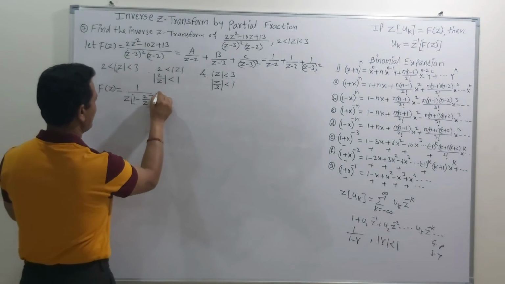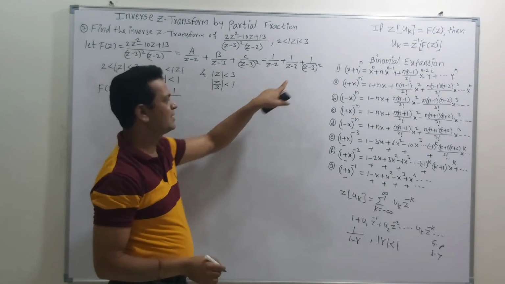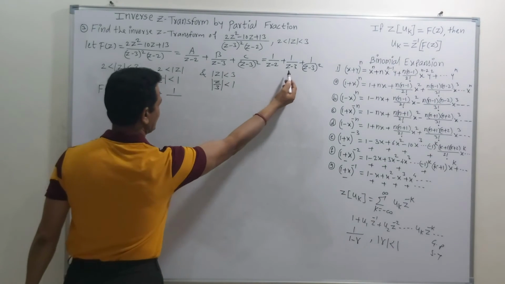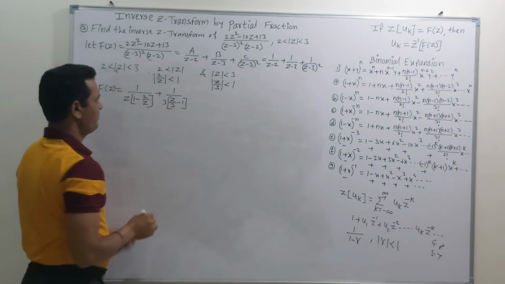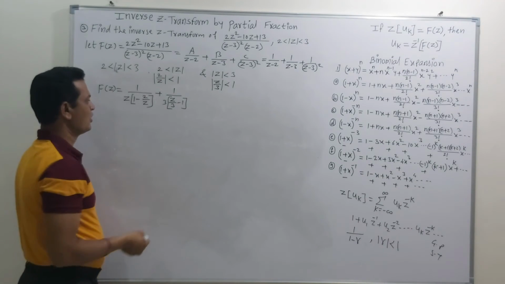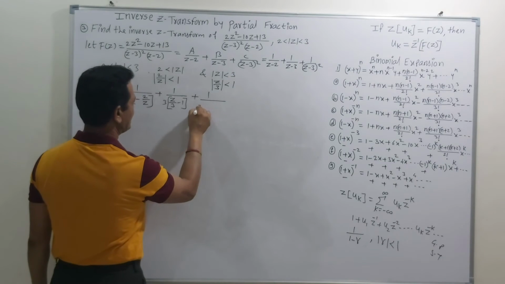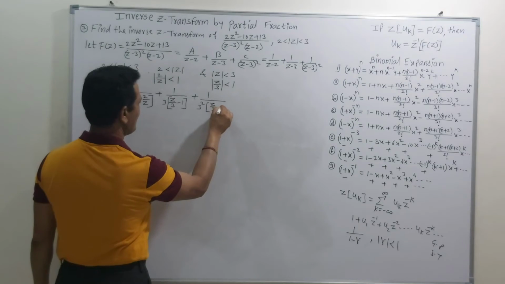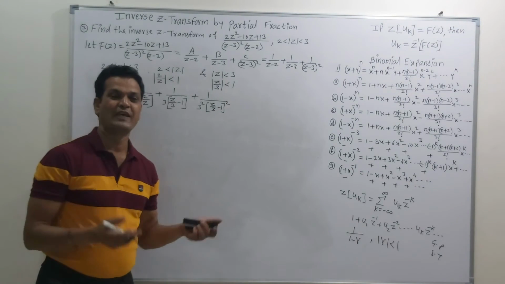Now the next term is plus, here the term is z minus 3, where the value of r is z upon 3. To write this term, we get z upon 3 minus 1, which is possible when we take the term 3 common. Then plus again, if we take 3 common, its square, then this is z upon 3 minus 1 its square. So now friends, this is the example where we are getting 3 terms.